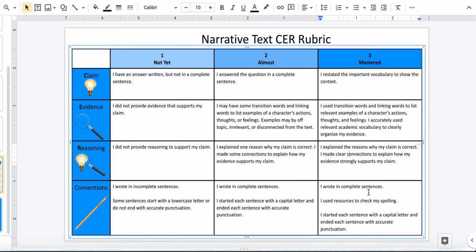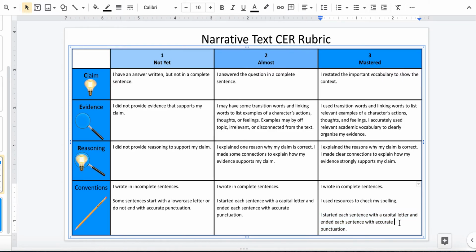supports my claim. And then this last row is the conventions criterion. This criterion is going to be about writing complete sentences, using resources to check your spelling, and starting each sentence with a capital letter and ending with accurate punctuation.